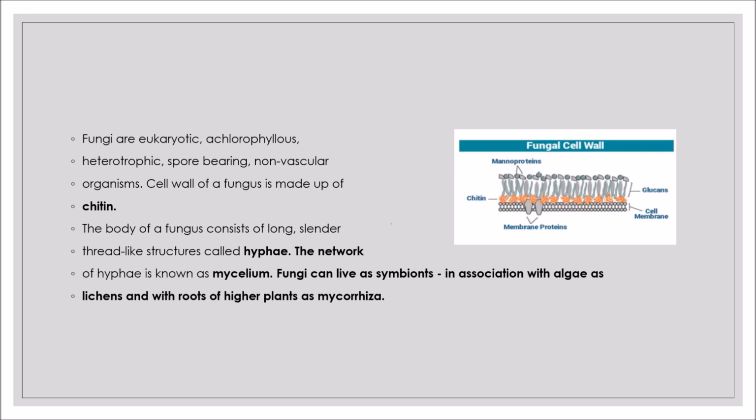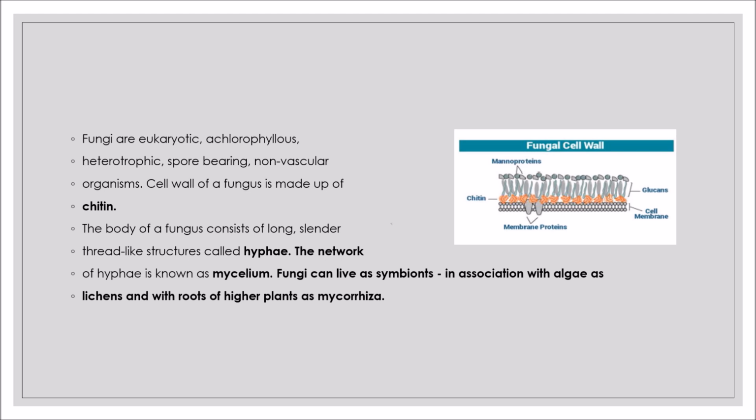And usually fungi are symbionts. So symbionts means they live with the support of another organism. It is like a parasite, but it does not take up all the nutrition of the host plant or host animal.